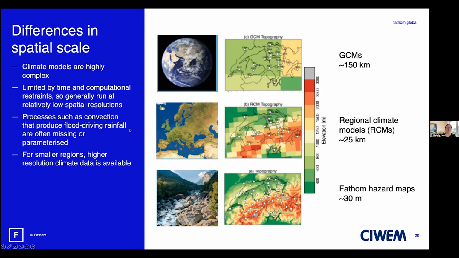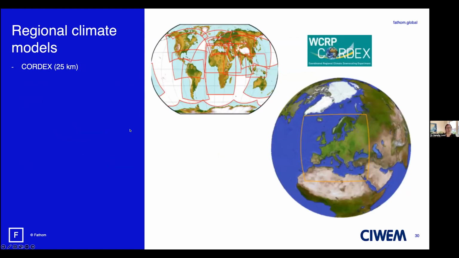Next slide, please. So one example of a set of regional climate models is from the Cordex project, which is an international program aiming to better understand relevant regional and local scale climate phenomena, their variability and how they might change in the future through downscaling of climate data.